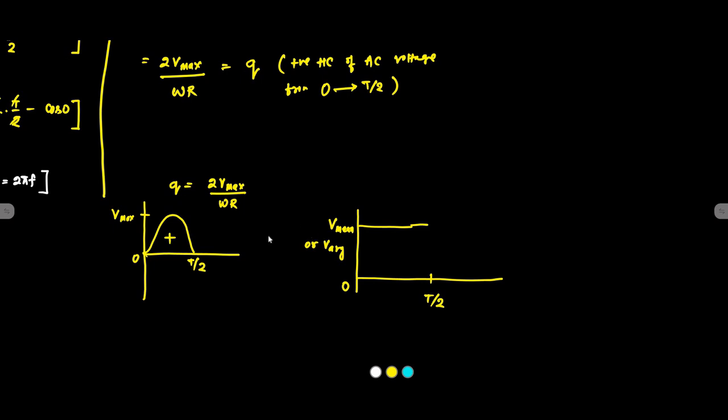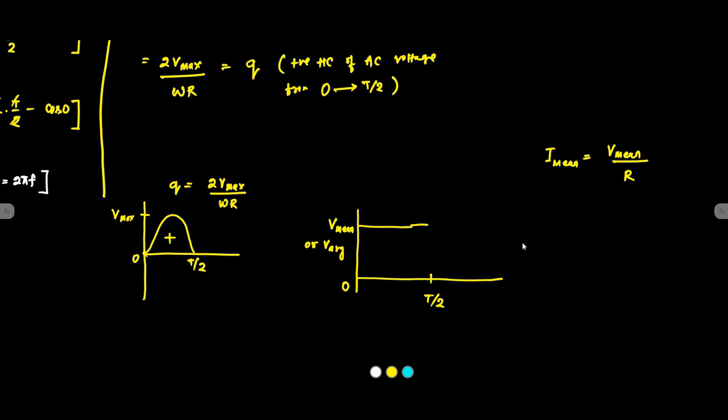So let the DC voltage be V mean. The mean value of current will be equal to V mean by R.